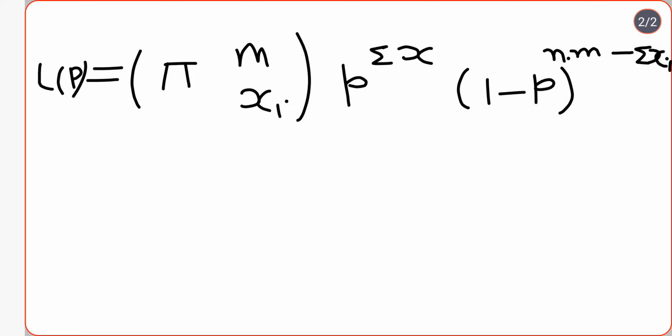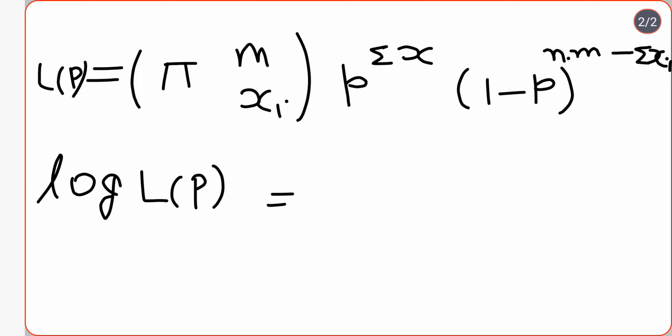Now if we do the logarithmic transformation of this function, at first we will convert p to the power summation x. If we do the logarithmic transformation of it, it will become summation x into log p.